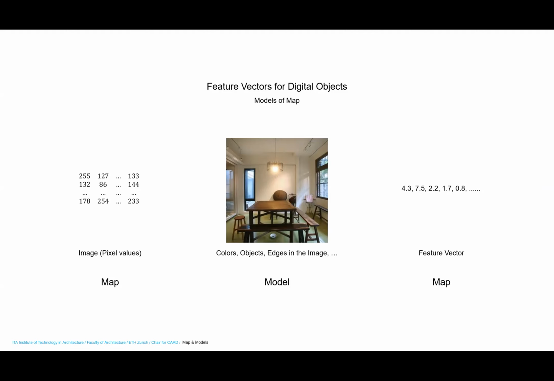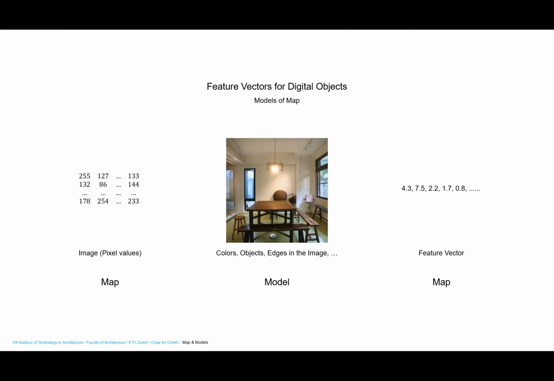Or we can apply certain operations on top of these numbers, for example object detection or edge detection on this image, and then we get something else. For example, the percentage of edge and non-edge pixels within a 16 by 16 area. We can divide the image into many 16 by 16 areas and count these numbers.